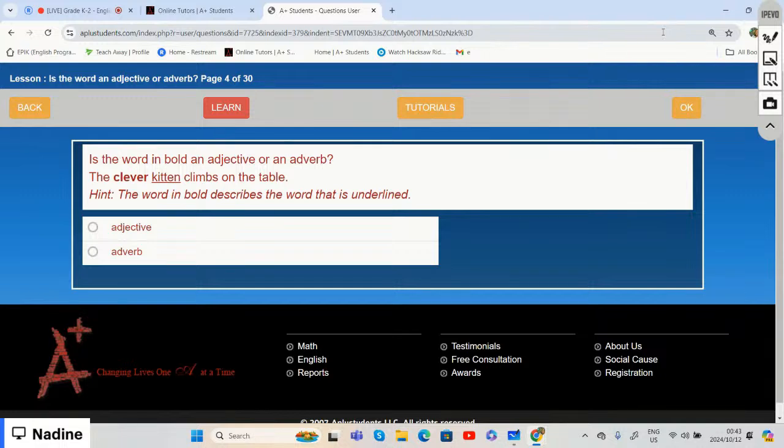If you look at the word that is in bold, is that an action there?